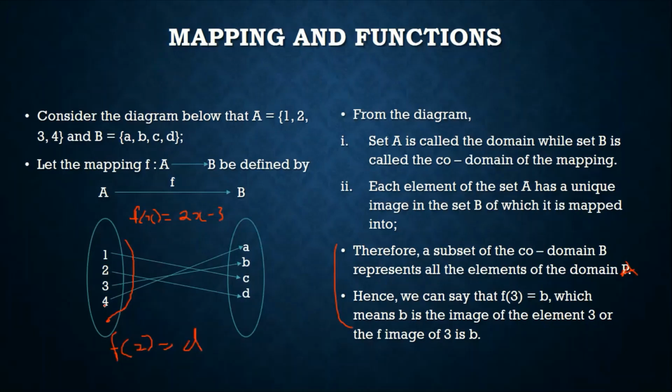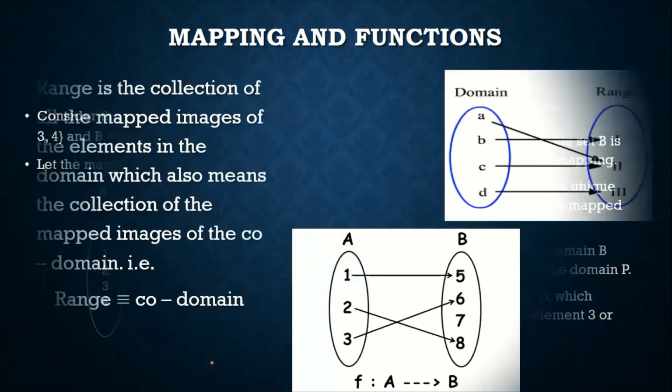A question can come: what is the image of element 4? We write it in this form, f of 4 equals A. Do we get? Okay, I'm sure we understand that.